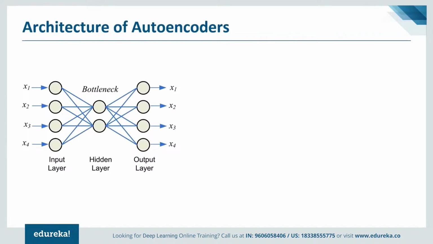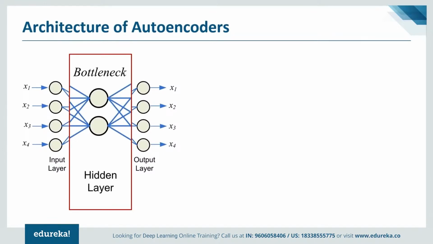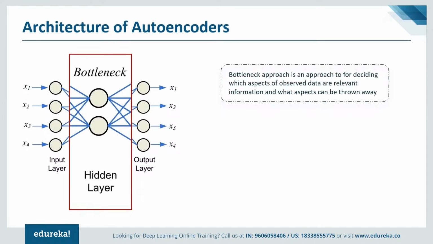One important part of the autoencoders is the bottleneck. Now, the bottleneck approach is a beautifully elegant approach to representation learning, specifically for deciding which aspects of observed data are relevant information and what aspects can be thrown away.